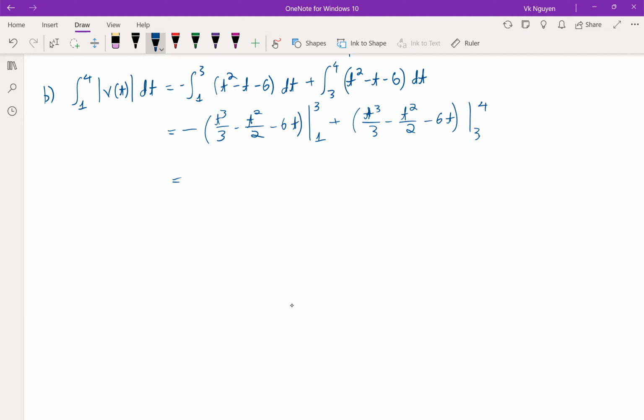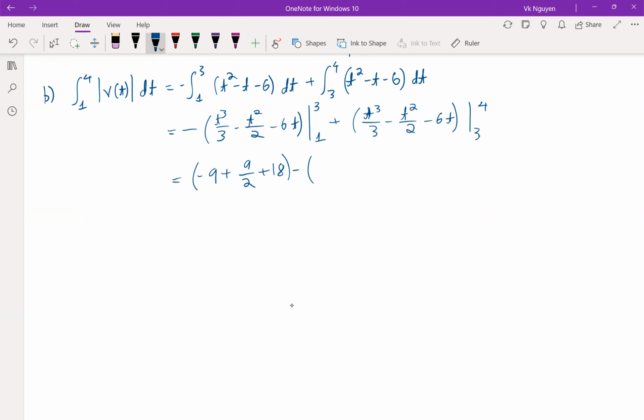So we have 3 cubed over 3, so 3 squared, right? Negative 9. Minus is the plus. 3 squared is 9 over 2. Minus the plus, 6 times 3 is 18. Okay.